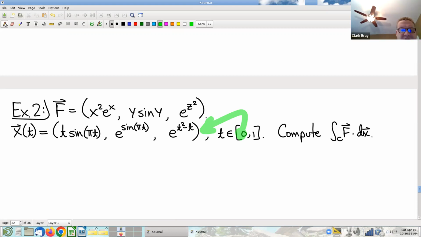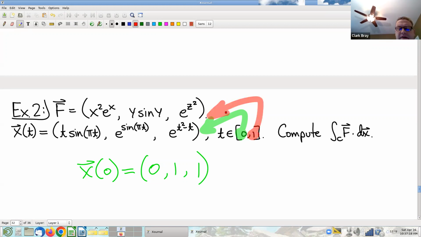When you plug in t equals 0, you get x of 0 is, well, okay, 0. Then I have e to the power of 0, which is 1. And then e to the power of 0, which is 1. Now let's look at our stop point.